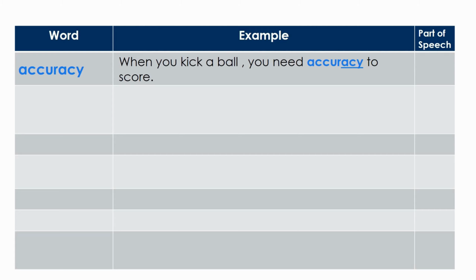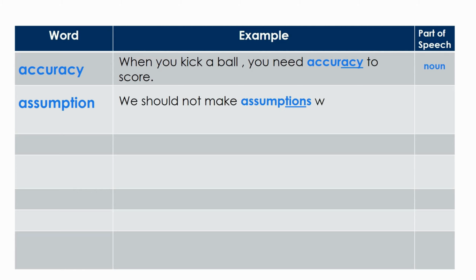Can you remember what part of speech is accuracy? Yes, it's a noun because of -acy. Assumption. We should not make assumptions when we meet people. This is a noun because of -tion.